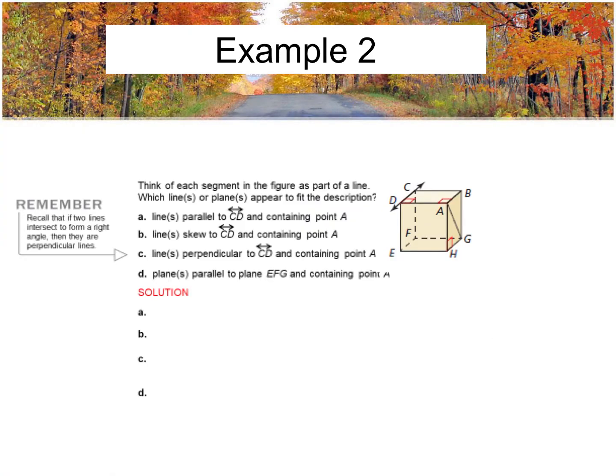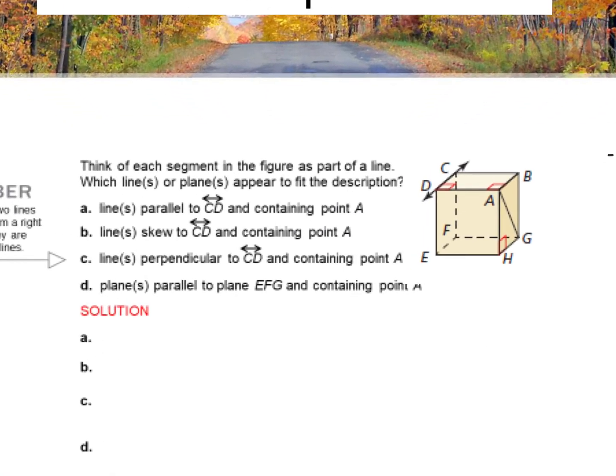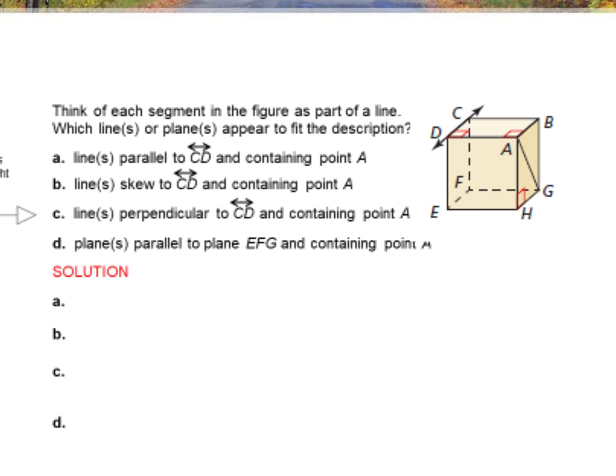So the next one, notice it says to think of each segment in the figure as part of a line. So what we can imagine is, for example, this AB segment here, you can also imagine that it's also a line. That's what they just told you in the instructions.